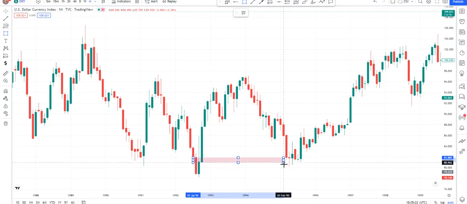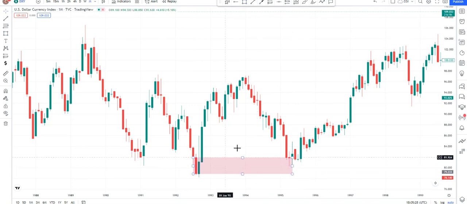Look at this other block now. There's another block over here, which could have been used as a trade. And then there's this imbalance right here. If you go on a lower time frame, this area is probably just vacant. This is an imbalance.